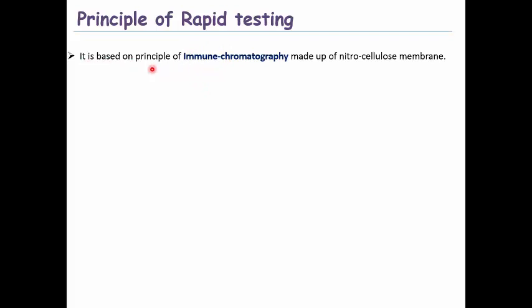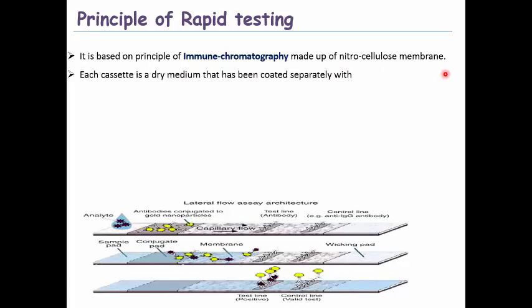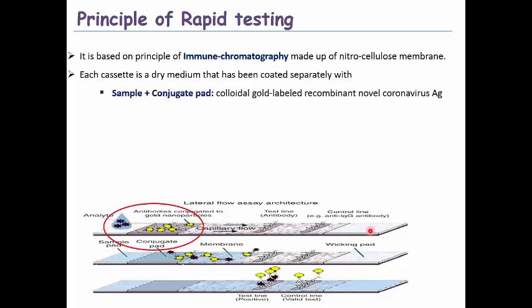So it is based on the principle of immunochromatography, which is made up of nitrocellulose membrane. Each cassette of this rapid test is a dry medium which is coated separately with different molecules. Okay, so first, that is a sample conjugate pad, where we add the sample to be assessed.